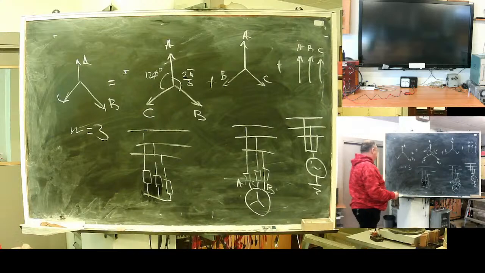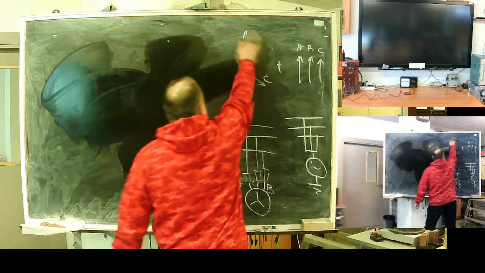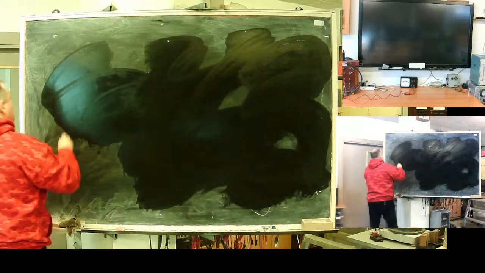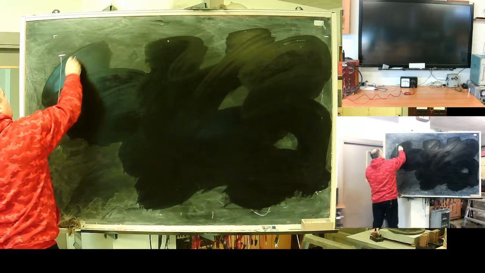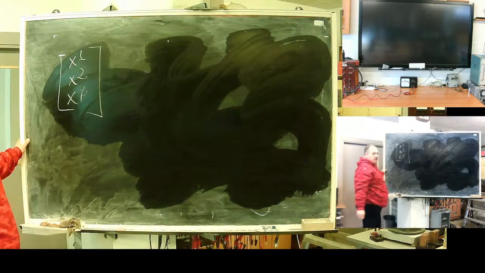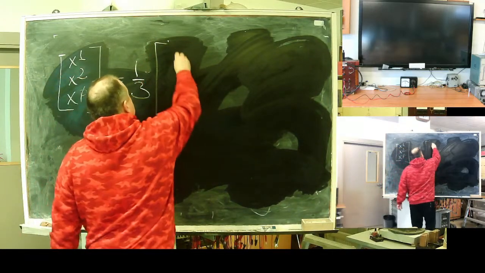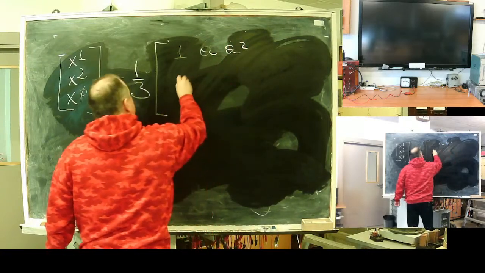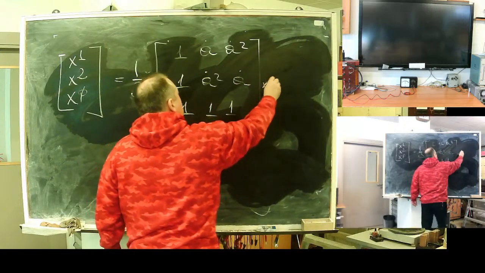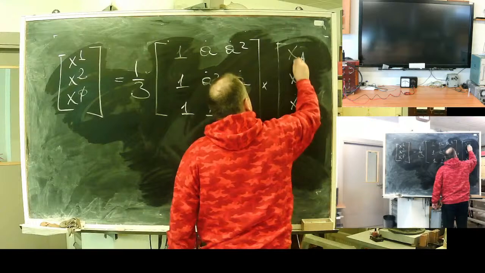In math form, any value, direct, negative, and zero sequence value, current, voltage, anything, can be described as 1/3 multiplied by the transform matrix [1 a a²; 1 a² a; 1 1 1] multiplied by the A phase value, B phase value, C phase value.